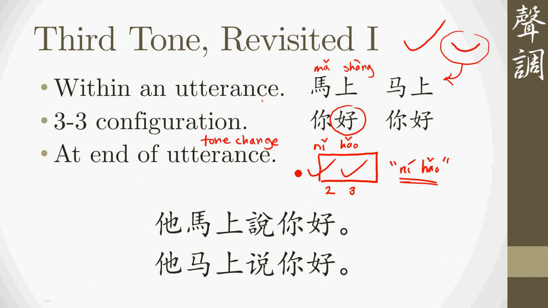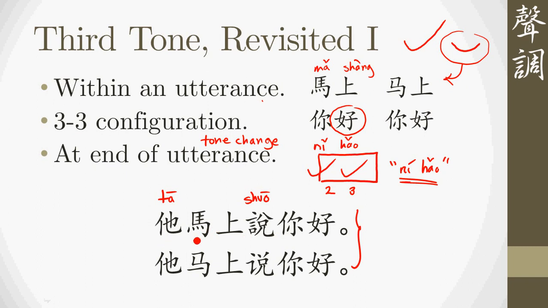Okay, so here's a sentence to help you remember all of these. It uses the two words we just learned. Two new words are both in first tone. Here we have 他, which is he. And then we have here 说, which is say. 他说. Together this makes a sentence: 他马上说你好.